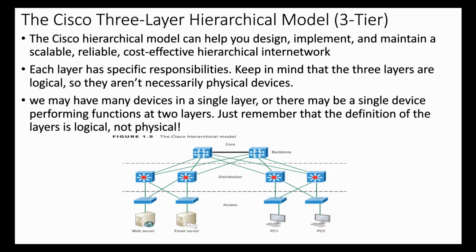There is also a two-layer hierarchical model, but that is actually to reduce the cost for companies. Both the distribution layer and core layer form together a single layer, and the access layer is a different layer. So that's how it became a two-layer technology, but I did not mention it in this slide. So let's go and understand more briefly about the Cisco three-layer hierarchical model.